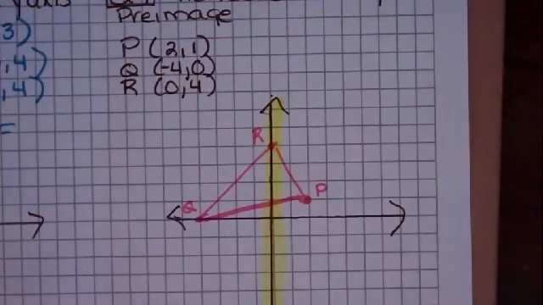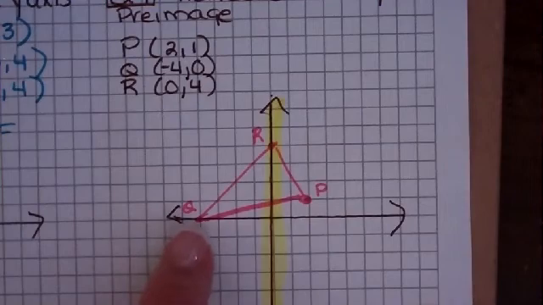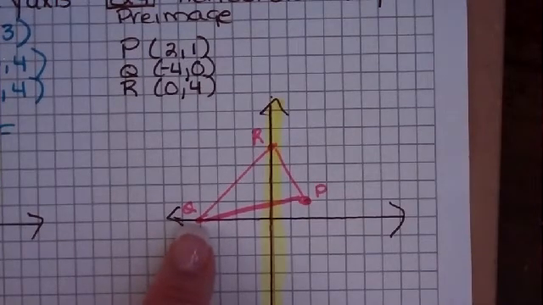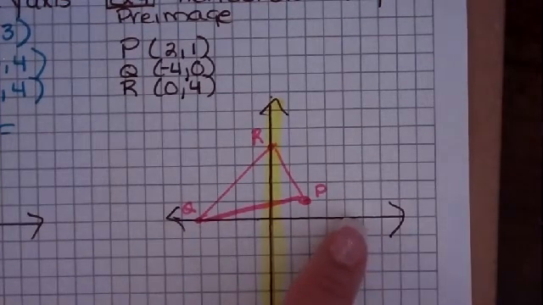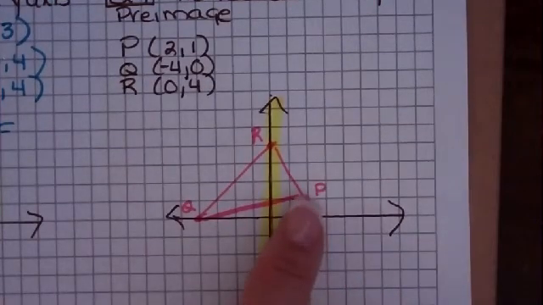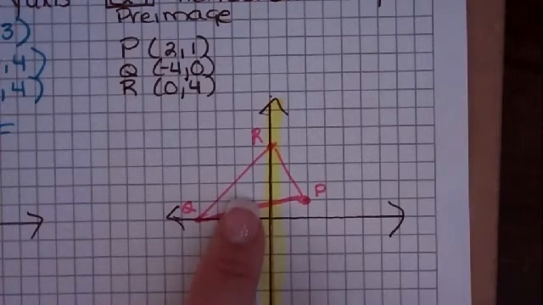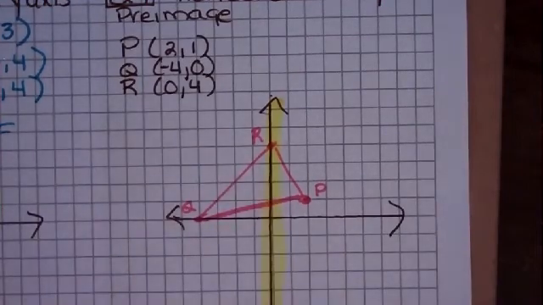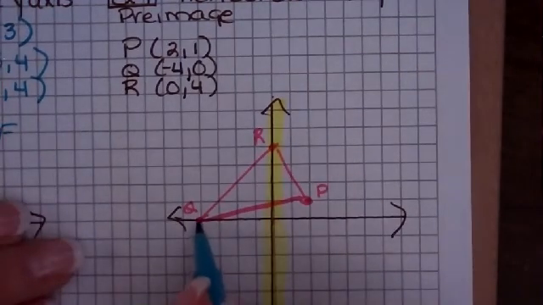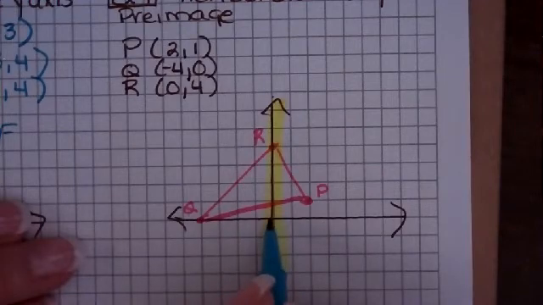So with that said, when I flip Q, because it's on the left, it's going to be over here on the right. I know that P, since it starts out on the right side, is going to end up over here on the left side. Okay? So let's just start doing that. If I count Q right here, it's 1, 2, 3, 4 spaces away.